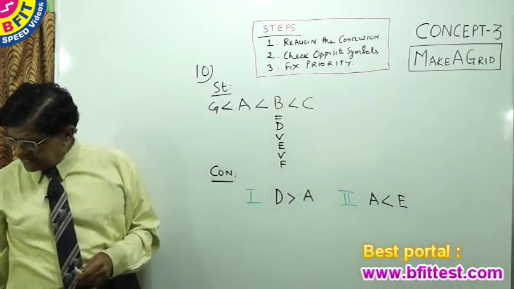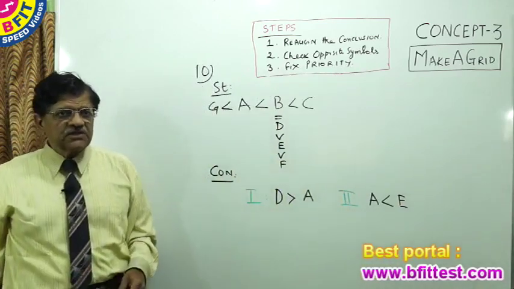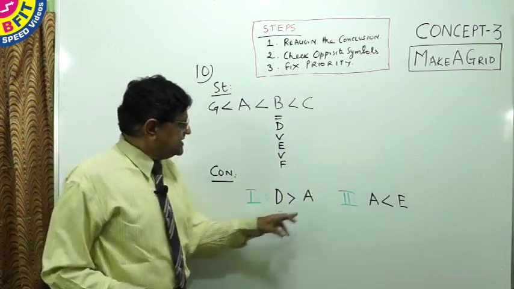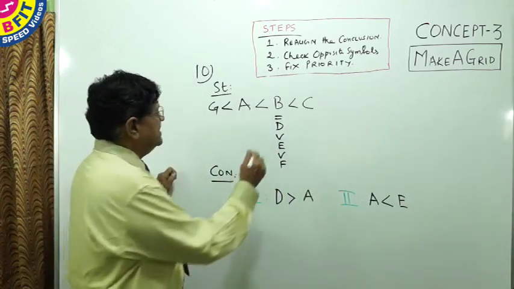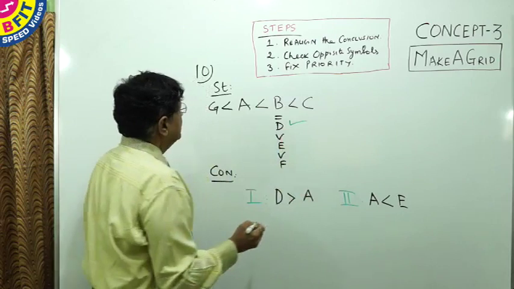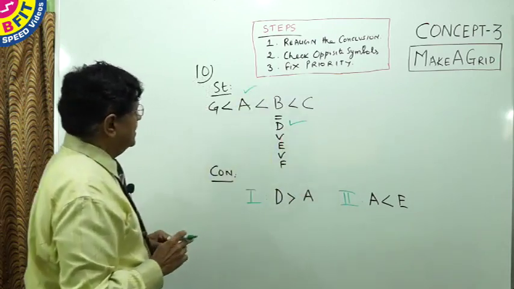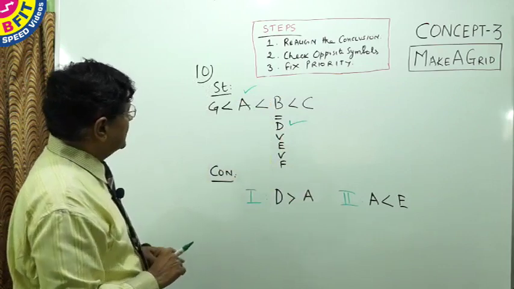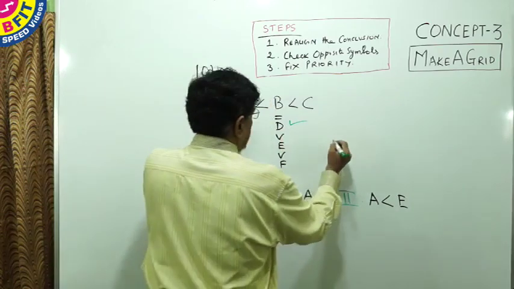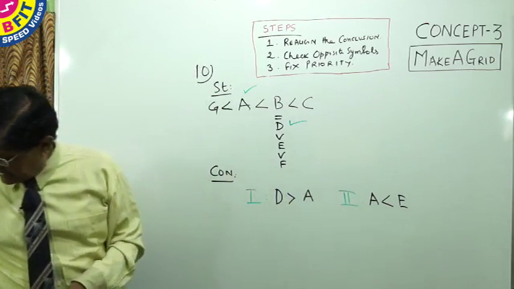Now we have to test the two conclusions. What are the conclusions? D is greater than A. Where is D? D is here. Where is A? A is here. Now what is the valid conclusion? Now we will write a single statement.